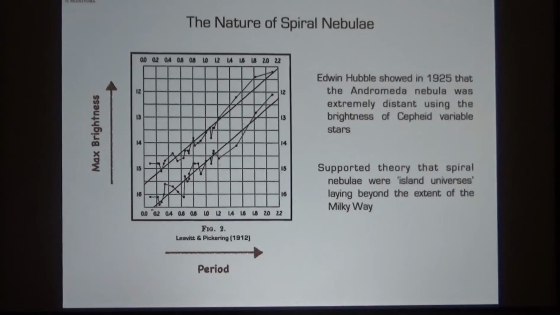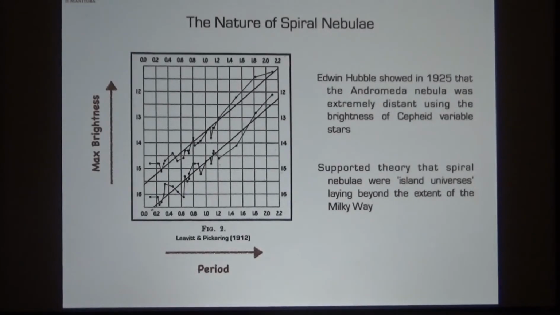Now, one method of determining distance in astronomy is using a type of star called a Cepheid variable. Now, it was known that these variable stars, the intrinsic brightness of the star was proportional to the amount of time it took for the variance in that star's period.